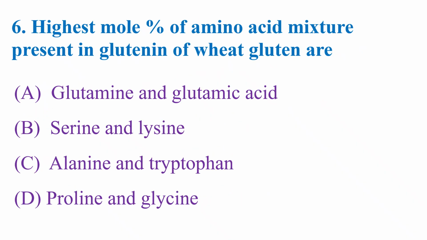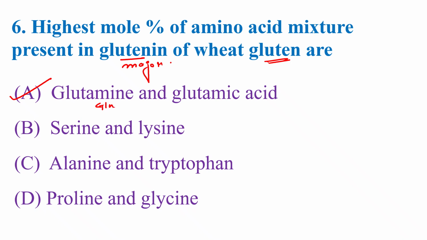Question 6. Highest mole percent of amino acid mixture present in glutenin of wheat gluten are glutamine and glutamic acid, serine and lysine, alanine and tryptophan, proline and glycine. So glutenin, it is a major protein in the wheat gluten, and it is rich in glutamine and glutamic acid.